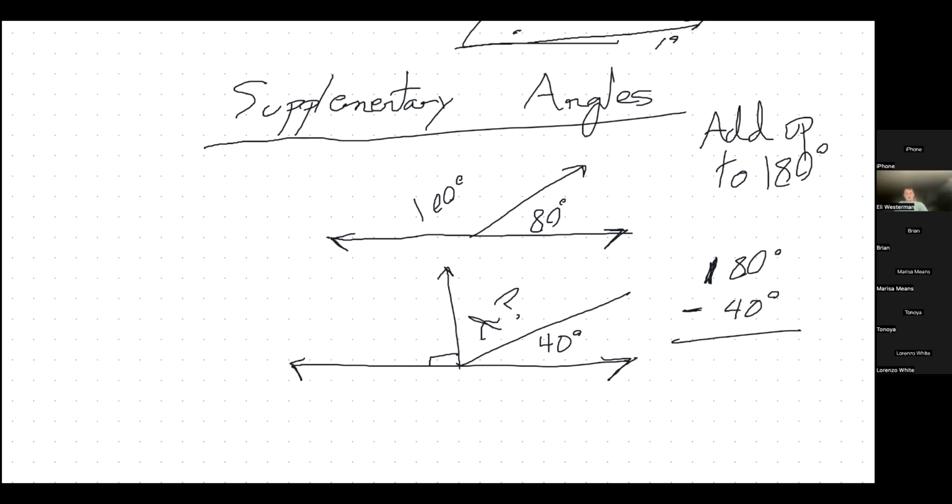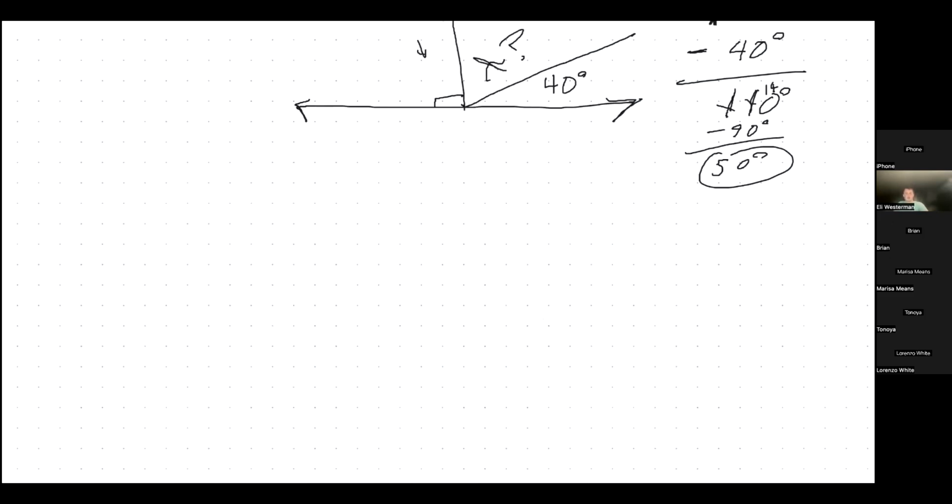So we have 140. Now we've got 90 degrees here, so we subtract 90 degrees and we get 50 degrees as the missing angle. So that's a supplementary angle.